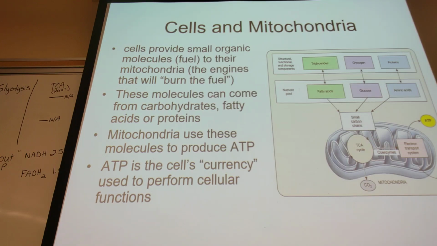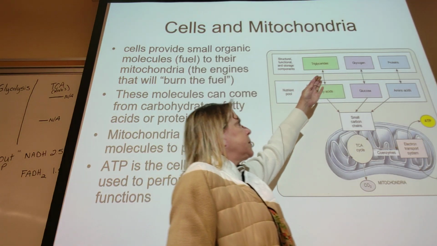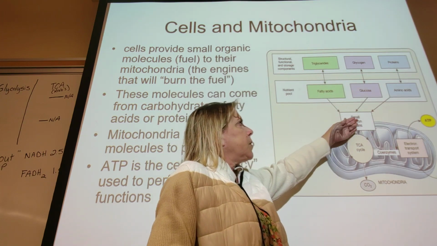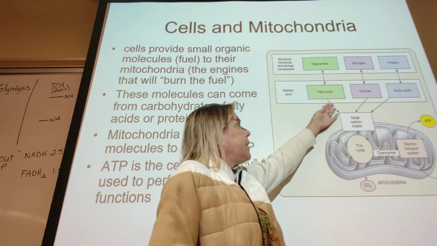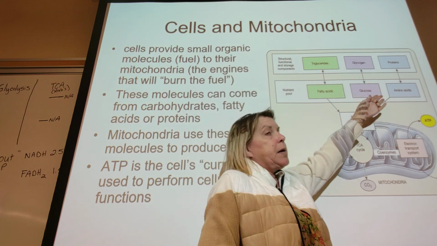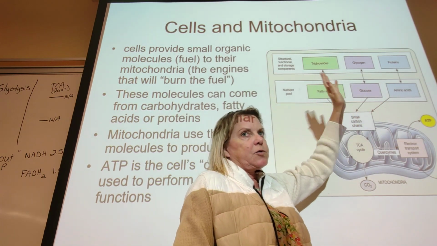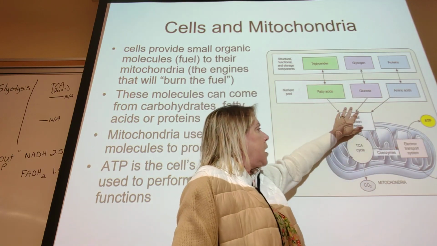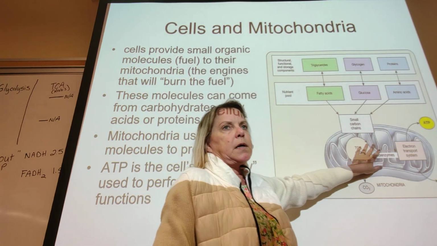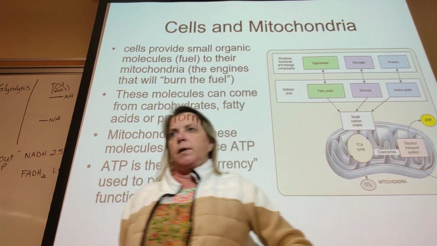Now, when I say all roads lead to mitochondria, that means ultimately, after processing glucose, or using fatty acids, or burning proteins, which we can and we will, but it's usually the last-ditch effort, all roads will lead to the mitochondria. All roads will.